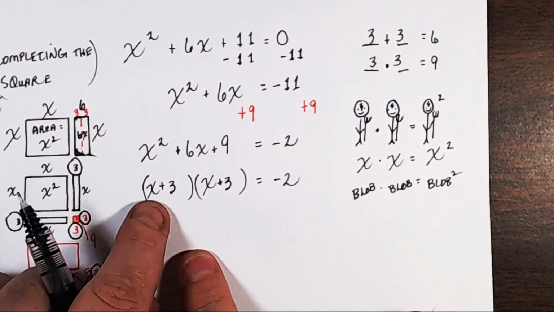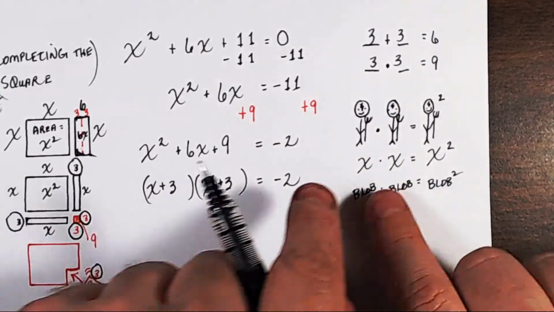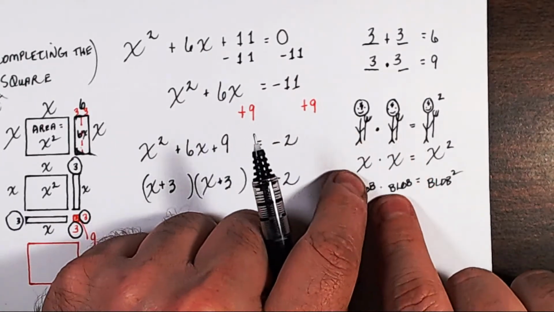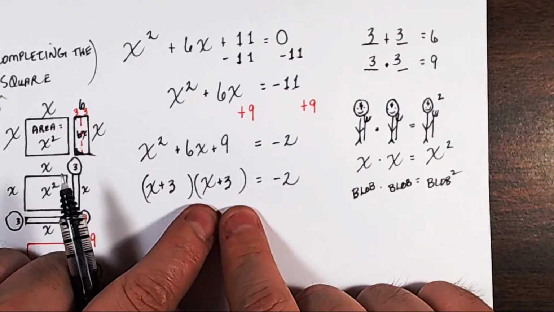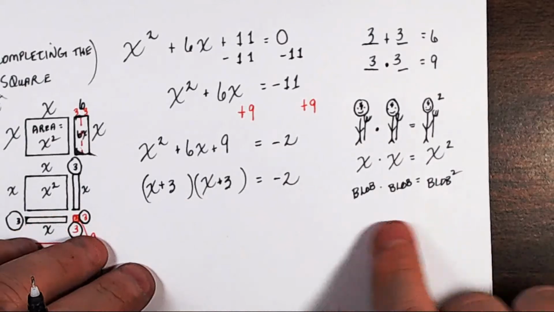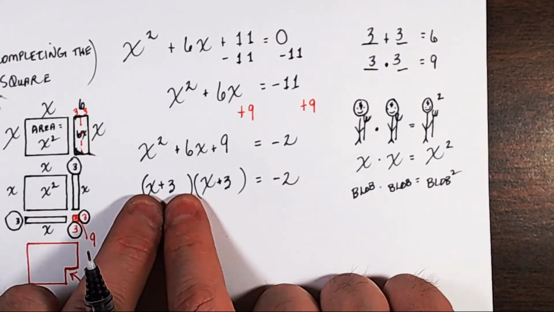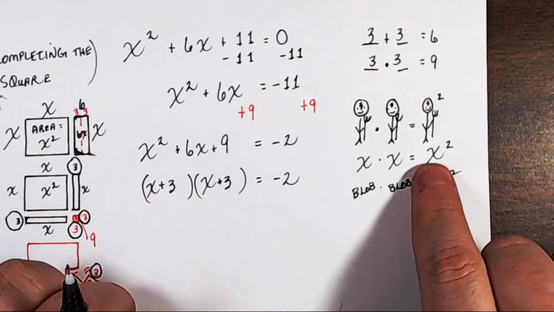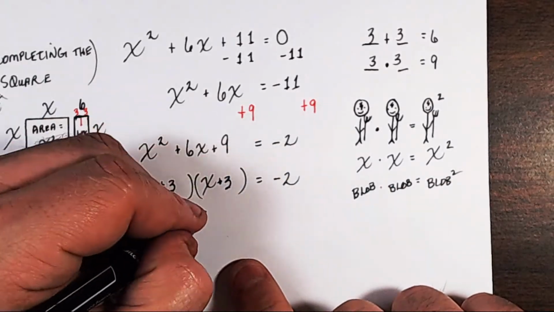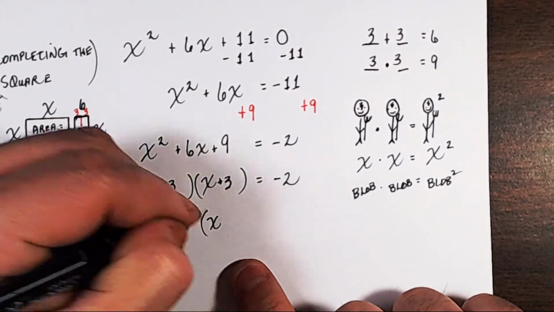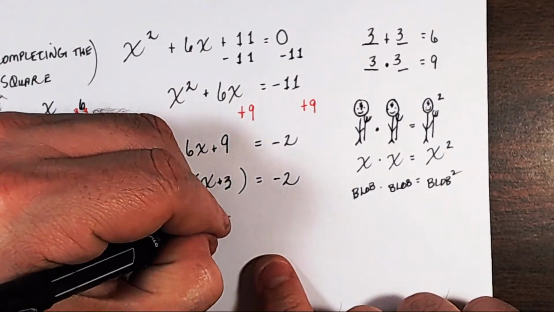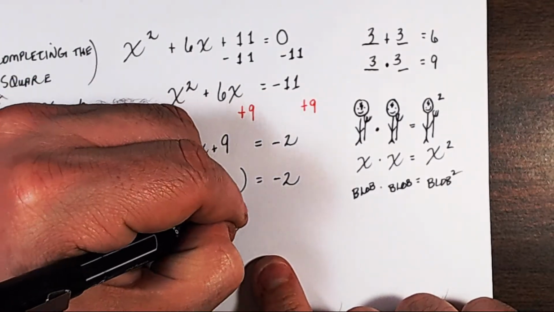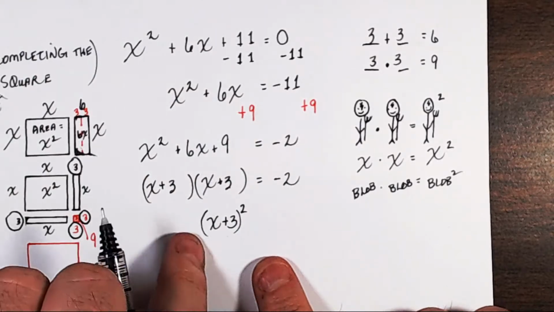I have something times itself. Here I had Harry times Harry, x times x, blob times blob. Now I've got x plus 3 times x plus 3. So I'm just going to write x plus 3 in parentheses squared. So that's all I'm doing. I'm simplifying, so I don't have to write x plus 3 times x plus 3. I'm going to write x plus 3 squared. And that's literally what it means.